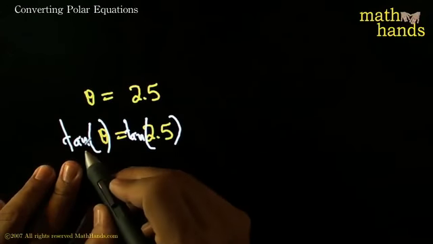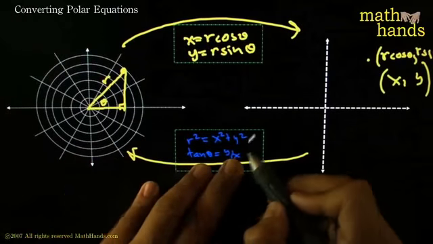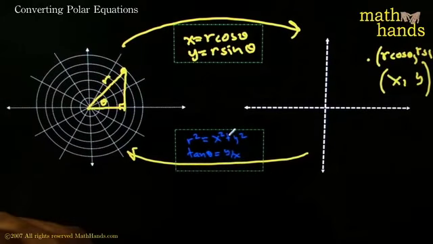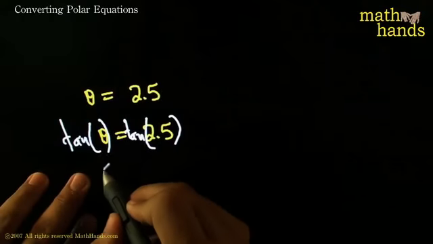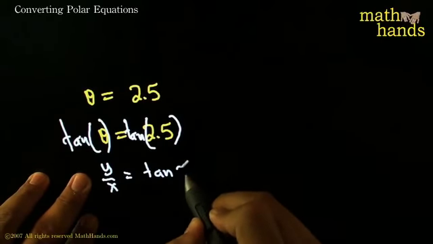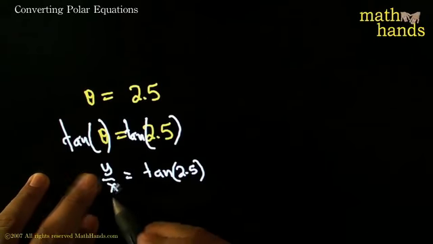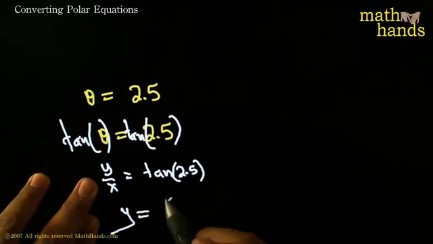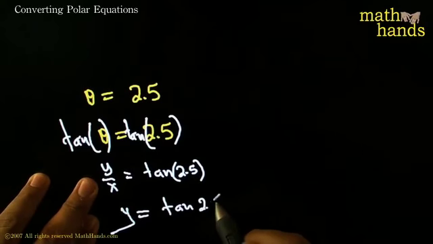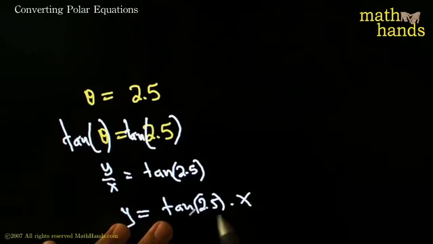And this has an added advantage because I can exchange a tangent theta. A tangent theta can be exchanged for what? For y over x. So therefore this becomes y over x is equal to tangent of 2.5 radians. Or said differently, y is equal to tangent of 2.5 times x, which is just some number.